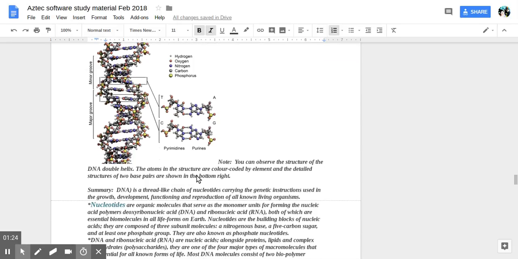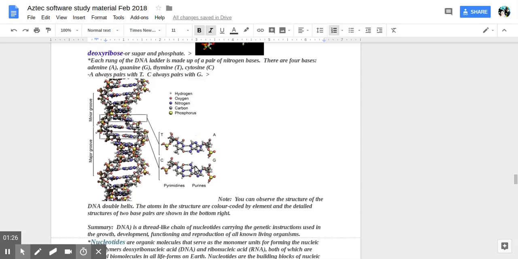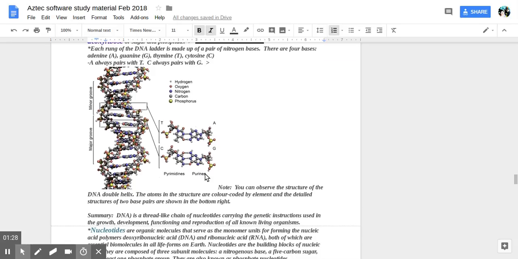Summary: DNA is a thread-like chain of nucleotides carrying genetic instructions used in growth, development, functioning, and reproduction of all living organisms. Nucleotides are the organic molecules serving as the monomer units for forming the nucleic acid polymers, which is deoxyribonucleic acid.